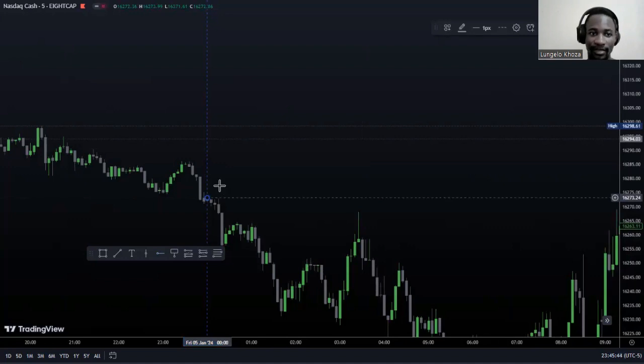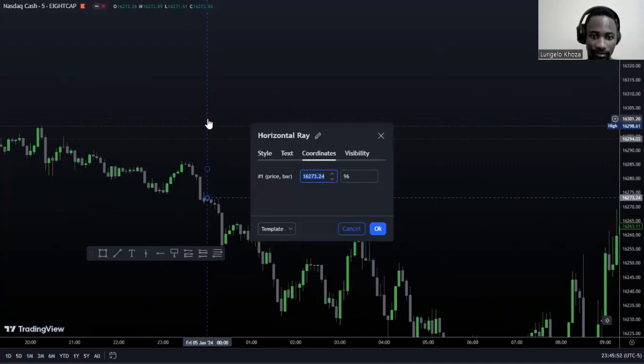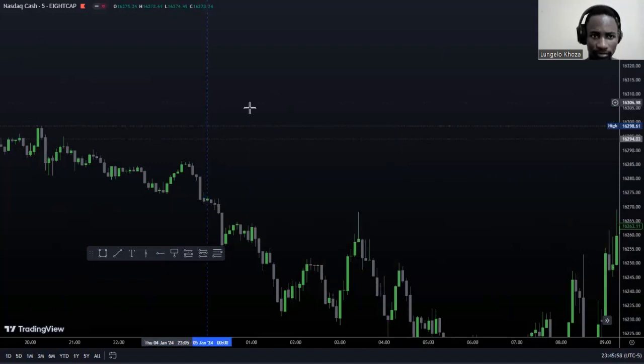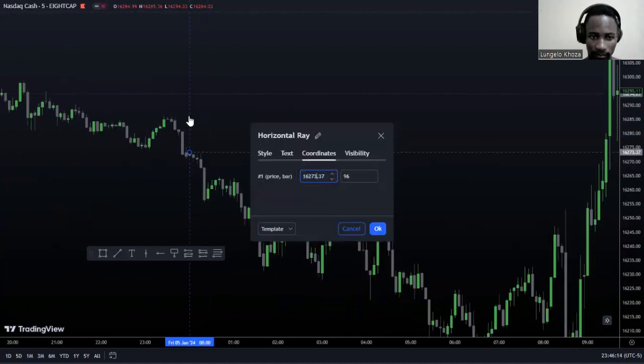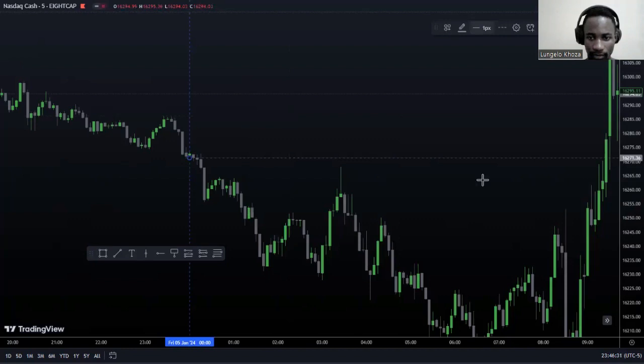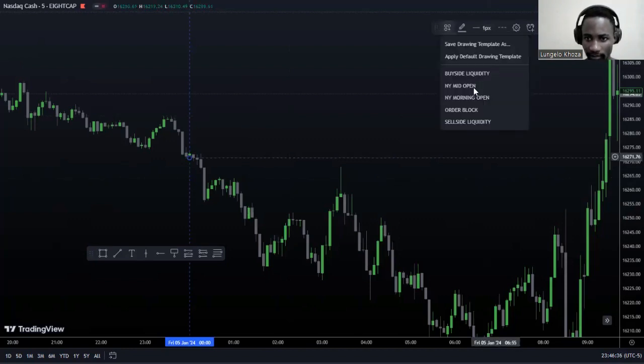So I want to see the new midnight open. So price, it's 16272.36.